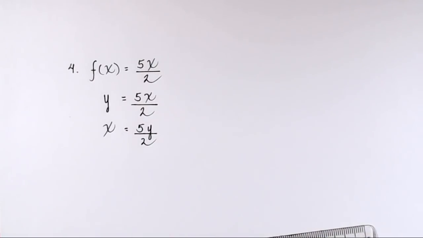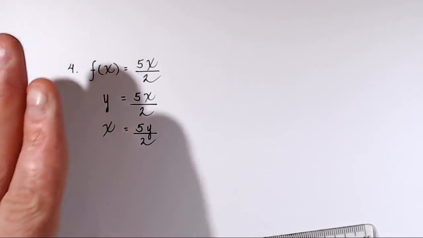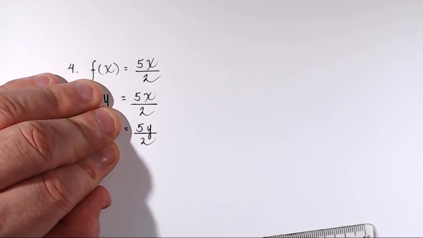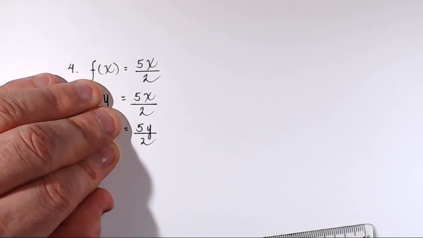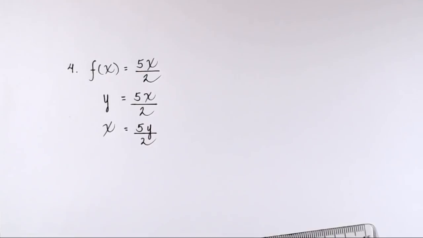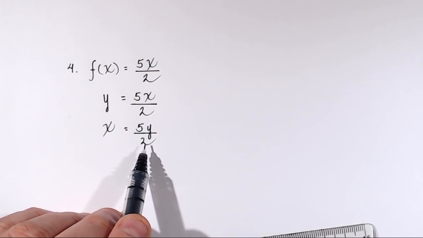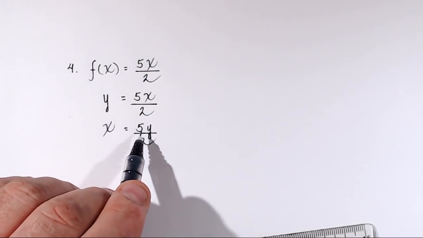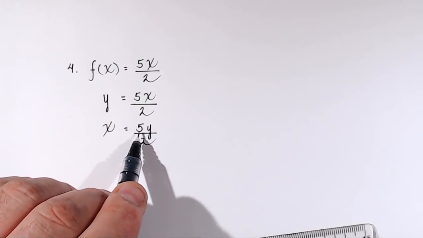So y is buried right now. If you say this out loud, it will help you understand what you have to do. 5 times y divided by 2. So let's say it another way. If I'm y and I want to be alone, what do I need to do? First, I've got to rid myself of this 2 in the denominator, and then I've got to rid myself of the 5.